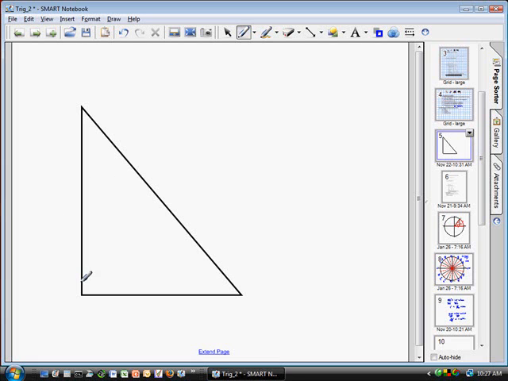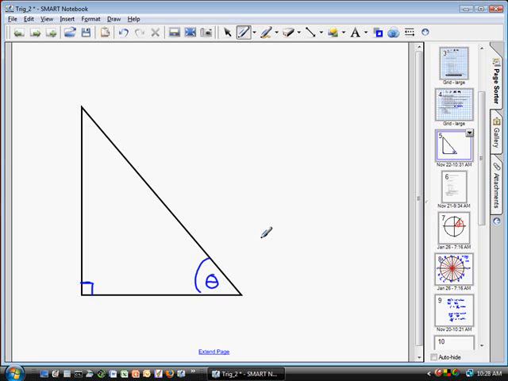It should be obvious to you that our right angle is sitting down there in the corner. And what I want to do is name one of the acute angles. We'll name it angle theta. So theta refers to that acute angle down there in the bottom right corner.